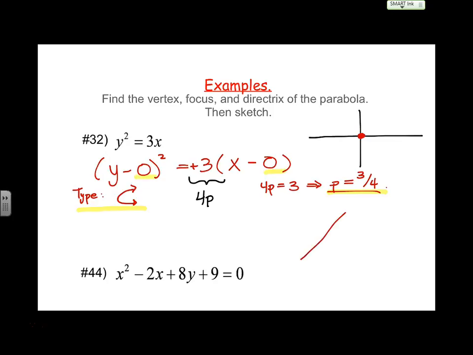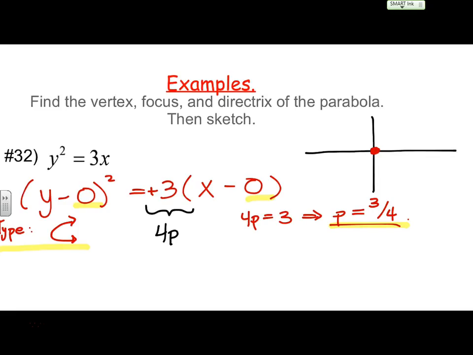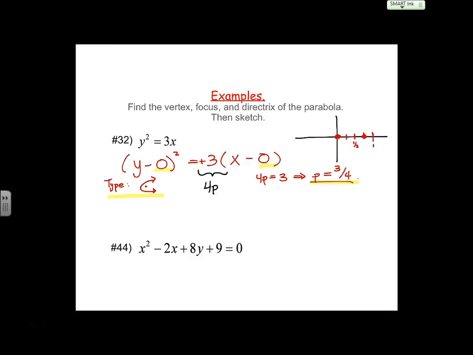Because if it's facing to the right, how do I get to my focus? You get the vertex and the p. From the vertex, I go 1p. If I'm going to the right, isn't the focus going to be over here?